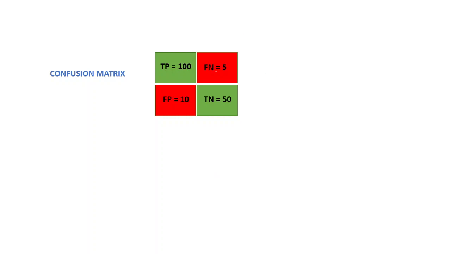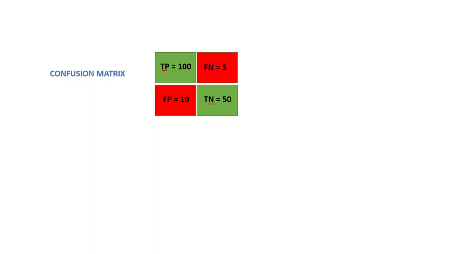Often you would come across a confusion matrix like this, where the true positive, true negative, false negative, and false positive values will be given. Here there is no confusion regarding true positive and true negative, because a true positive means it was actually a positive example and your classifier said it is a positive example.